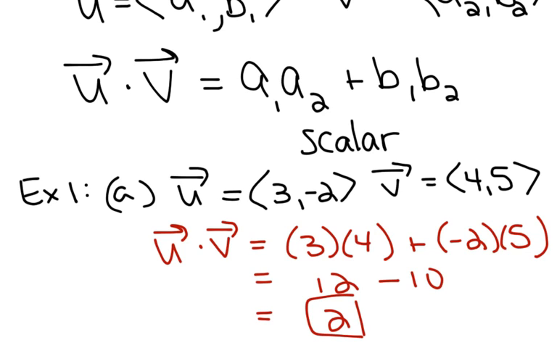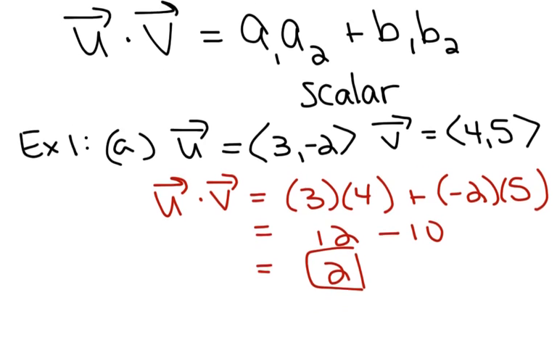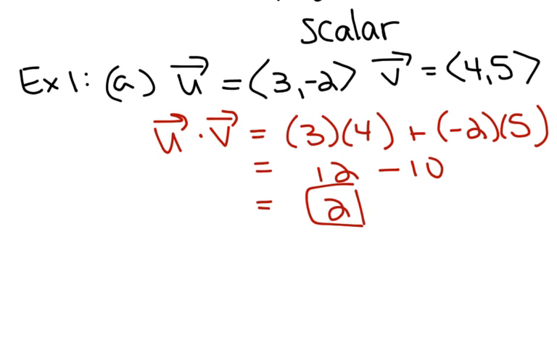Now, remember there are two ways to represent vectors. There's this way between the little things that look like inequality symbols, and the other way is using i and j.